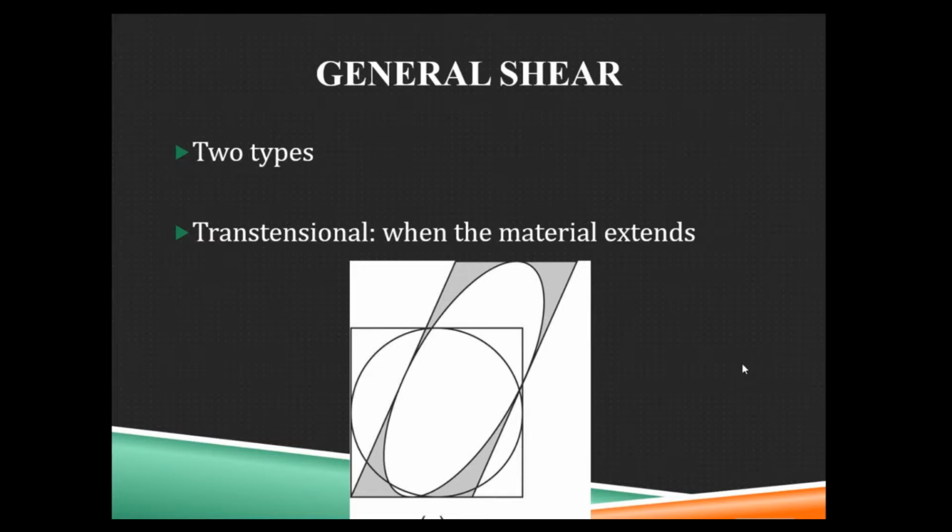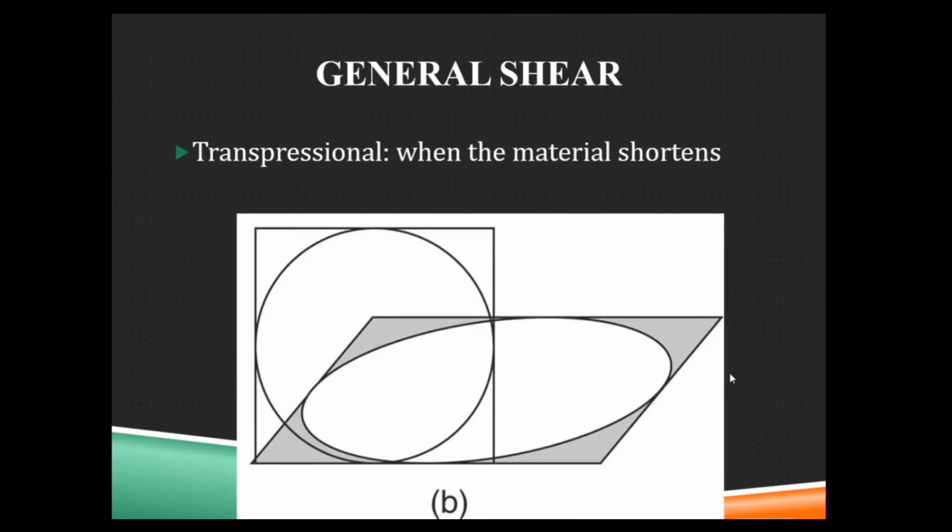There's transtensional, which is shear with extension due to tensional stress, and transpressional, which is shear with compression.